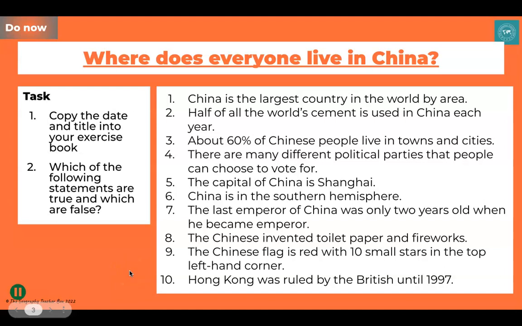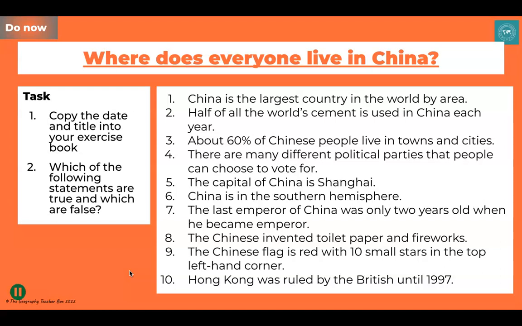So hopefully you've got yourselves a pen and some paper to write on. And if you'd like to write today's title, Where Does Everyone Live in China, onto your piece of paper, and today's date, and underline both with a ruler. Then what I'd like you to do is put the numbers 1 through to 10 in the margin. And what you're going to simply do is to read each of the following 10 statements.